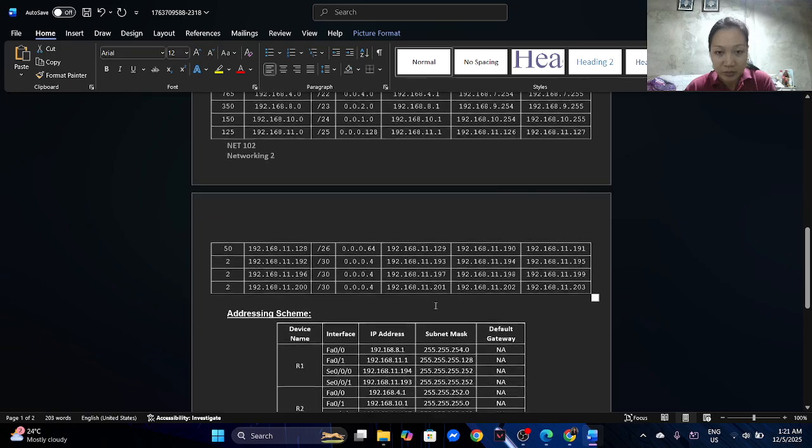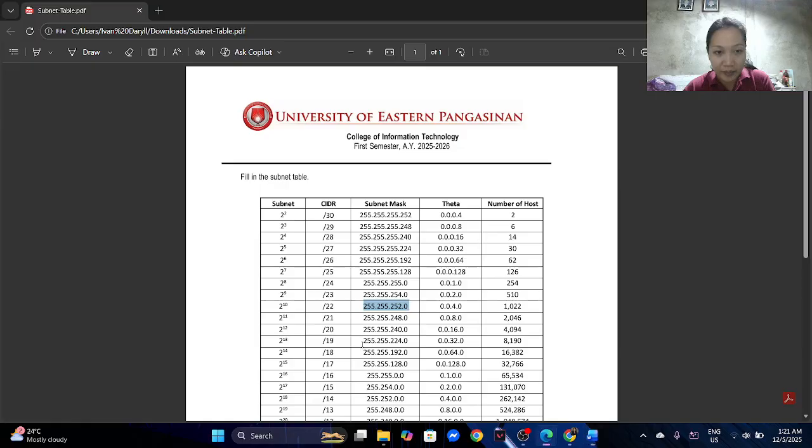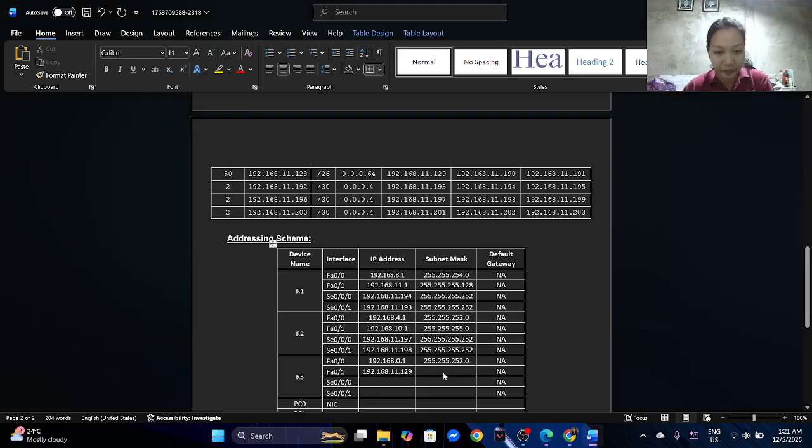Host 50's first usable IP is 192.168.11.129, and the CIDR /26. So CIDR /26 is equivalent to 255.255.255.192.